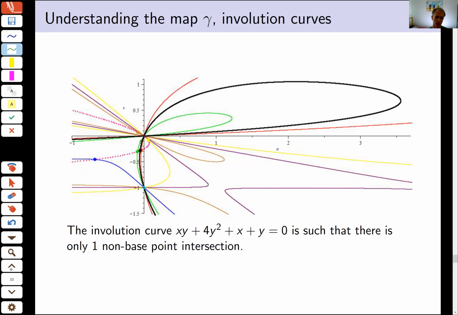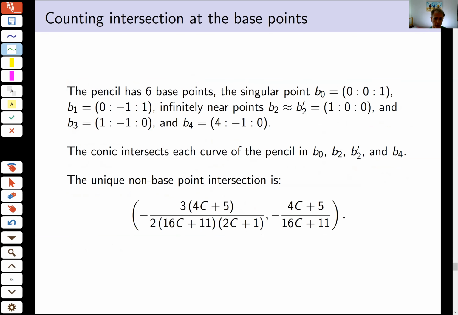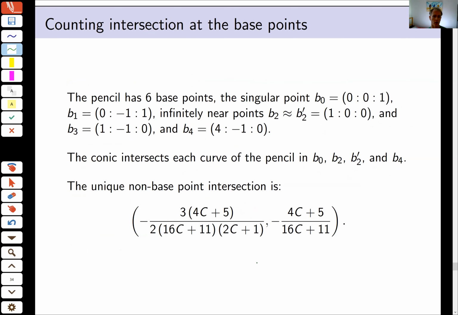So this is very similar to what we saw before. We can construct this curve by making sure that it has only one non-base point intersection with every curve in the pencil. So let's do a bit of counting. The cubic pencil has 6 base points. There is one base point at 0, 0, another base point at 0, -1, and I took that one to create one of the involutions.